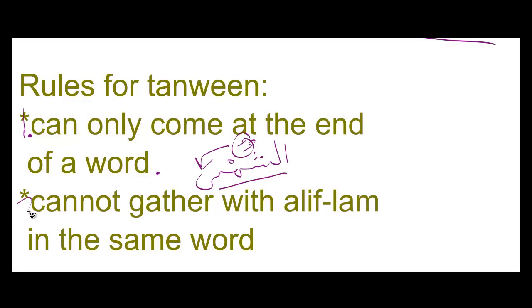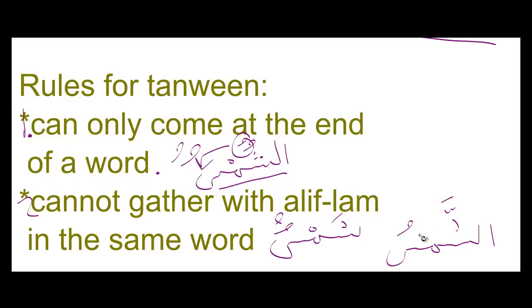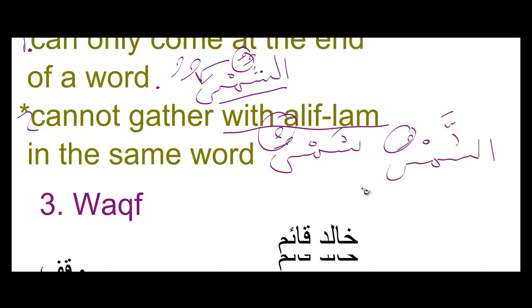Because the second rule states that it cannot gather with alif lam in the same word. So you can't say ash-shamsun. You can only say shamsun, or you can say ash-shamsu. So make sure you understand that they cannot gather with alif lam in the same word.